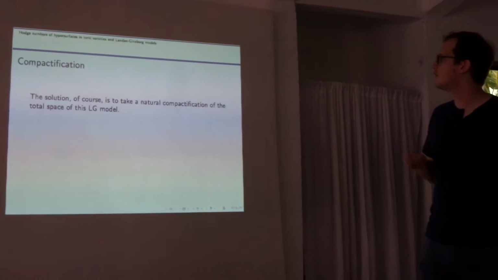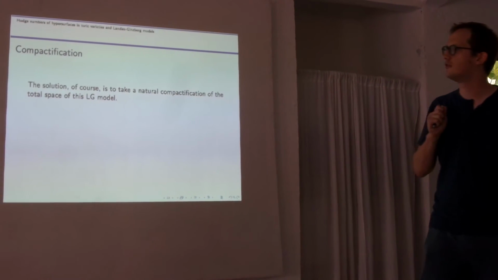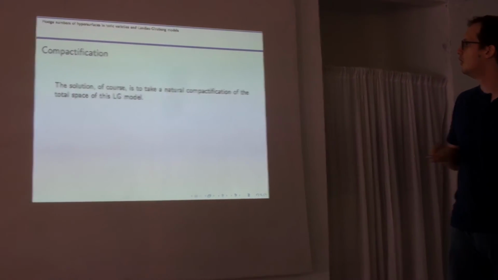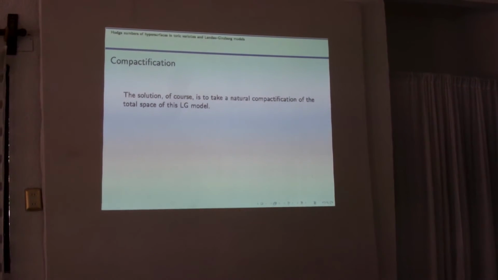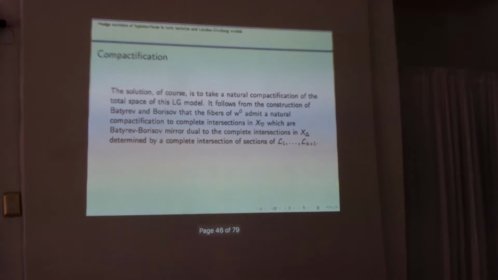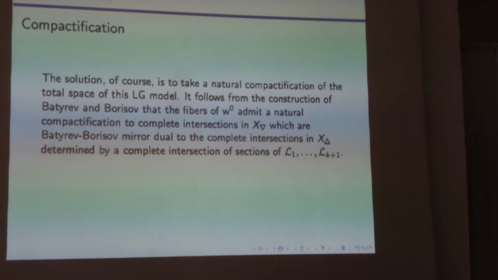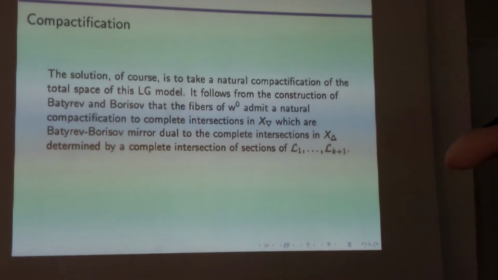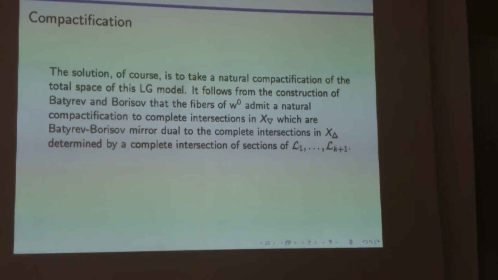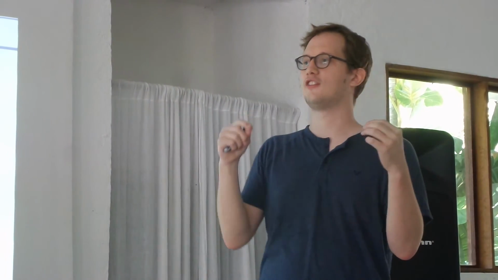So the solution to this is just to take a compactification of this Y0 in a nice way. By the construction of Batyrev and Borisov, by the mirror symmetry construction that they give, the fibers of W0, this map, are the Batyrev-Borisov duals of the complete intersection associated to the nef partition delta 1 to delta k plus 1.